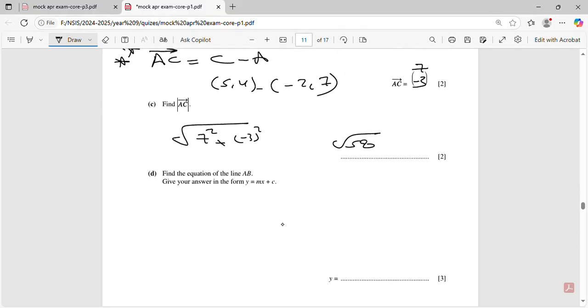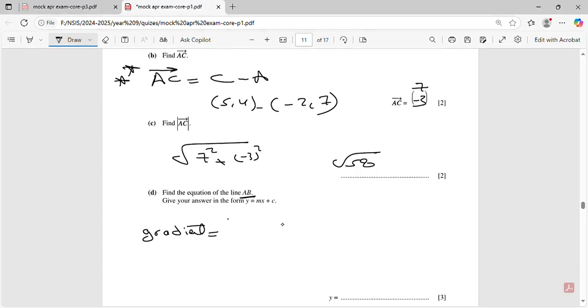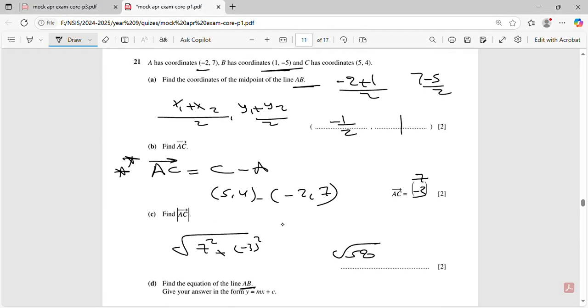Now find the equation of the line AB. As long as I need to find the equation, the first thing I have to search for is the gradient. How can we find the gradient from 2 points? We know that A is negative 2, 7, and B is 1 and negative 5.